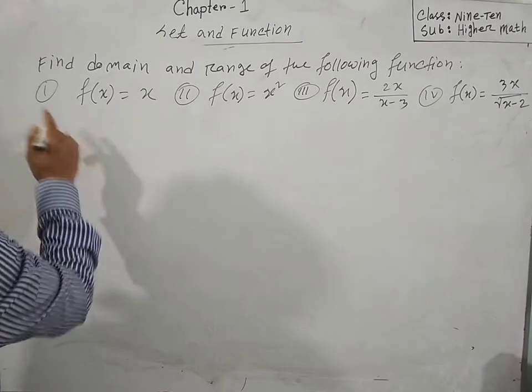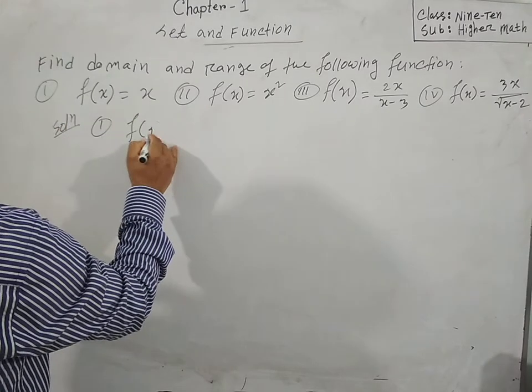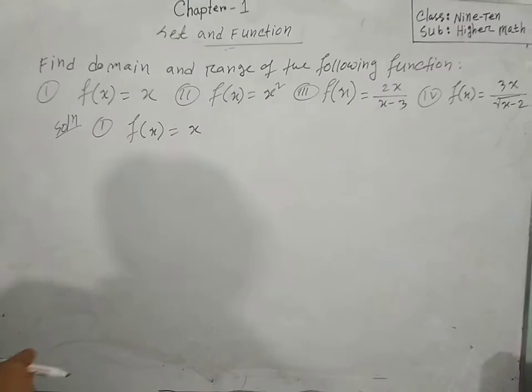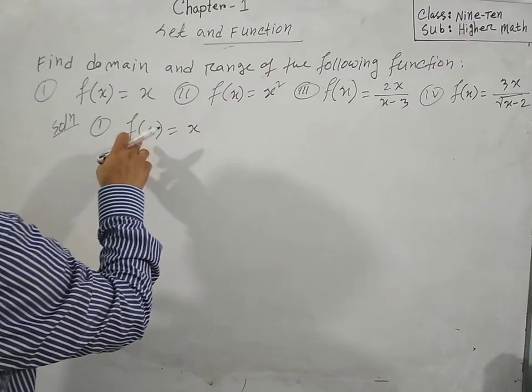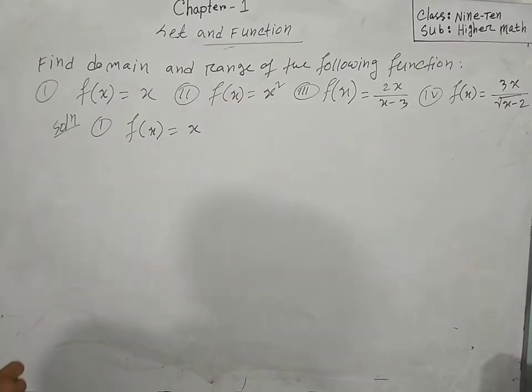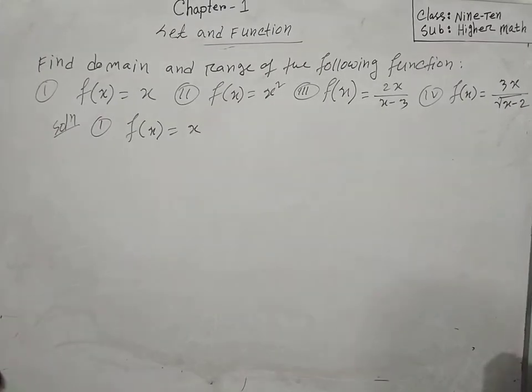Firstly, we solve question 1. Solution 1, f of x equals x. Here we can see the value of x is domain. It is true for all values of x. It is not possible to write all values of x because it is up to infinity.